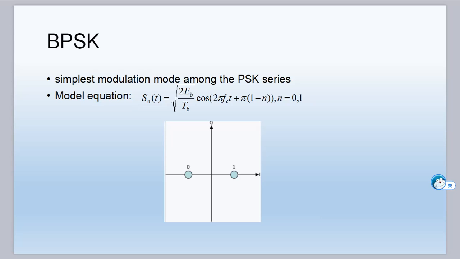But for the BPSK, it only has 1 bit, so 2 to the power 1 is 2 conditions. BPSK is very simple and very good for the tolerance of the phase change.